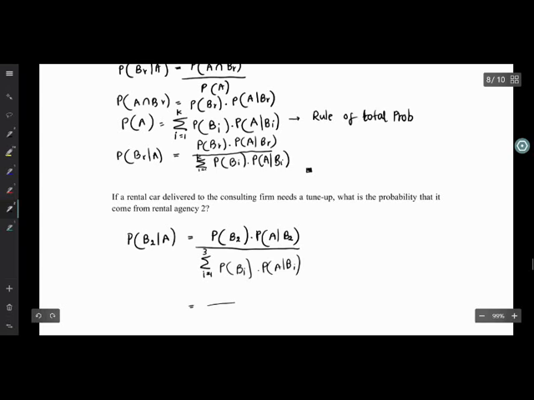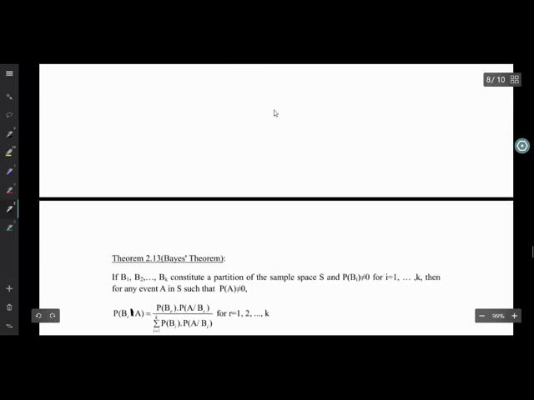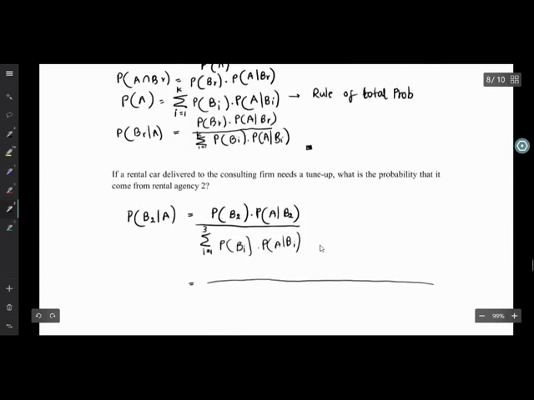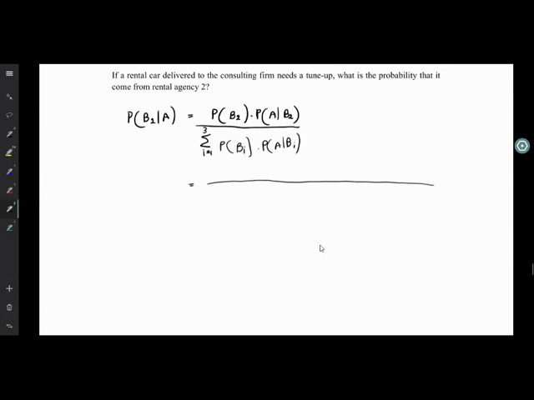So if you go back to that same calculation, at the bottom we have these values. So I'll rewrite it. 0.6 times 0.09, 0.3 times 0.2, 0.1 times 0.06, and at the numerator, out of these three, you have the statement that corresponds to B2, which is this one.